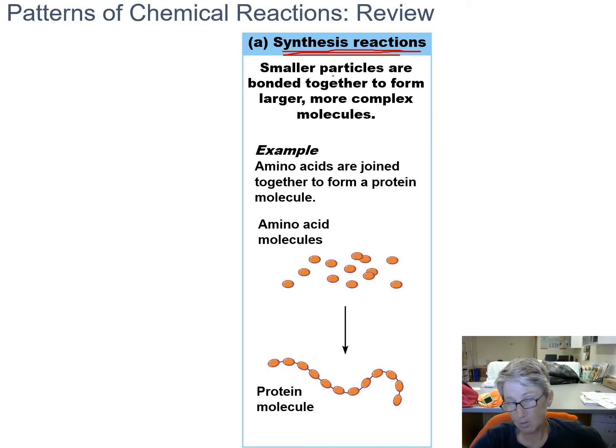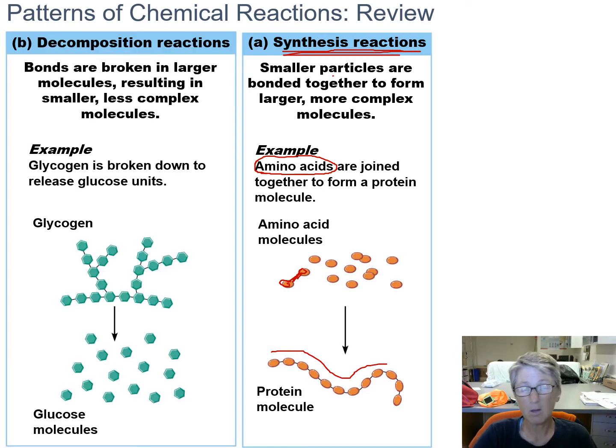An example is amino acids. We're going to talk about amino acids and proteins in the next video, but amino acids are joined together to form protein molecules. This would be a synthesis reaction where you link every one of these little amino acids up with a chemical bond and make a giant protein molecule.